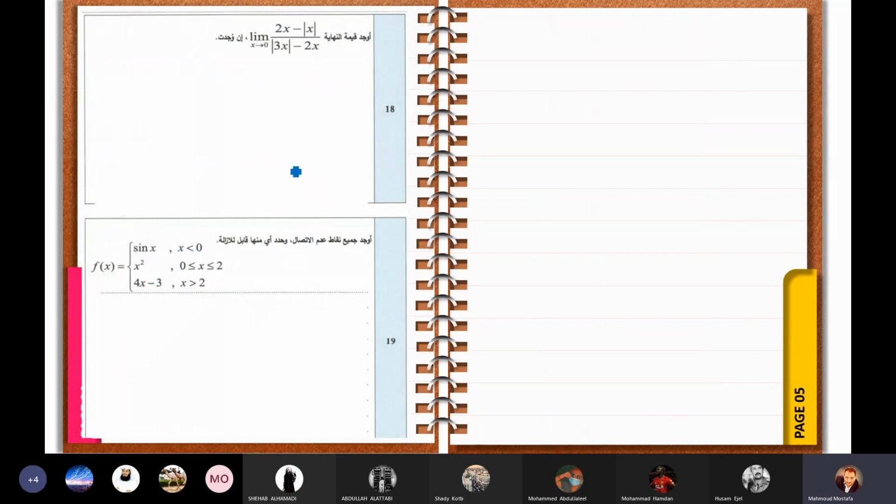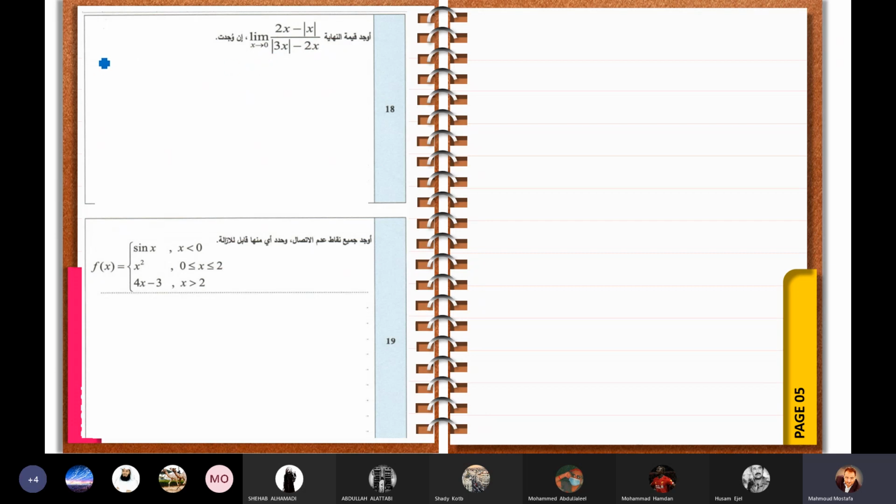Now, find the limit of 2x minus absolute value of x, over 3x minus 2x, when x approaches 0. If you have an absolute value, you have two cases here: when x is greater than 0 and when x is less than 0.